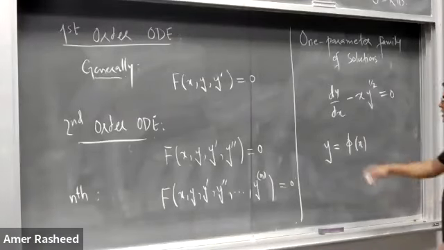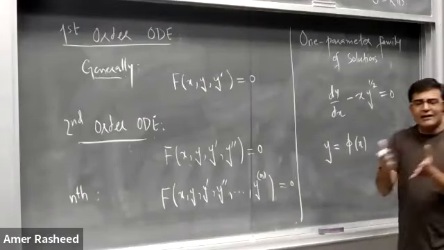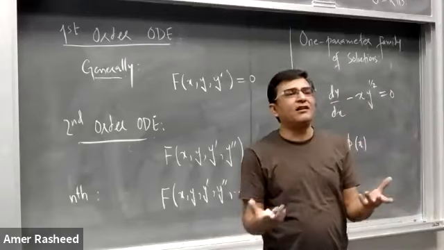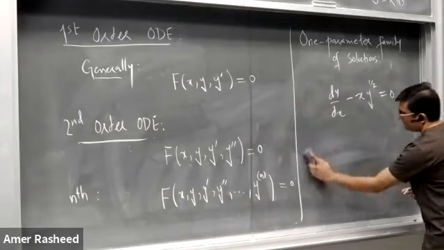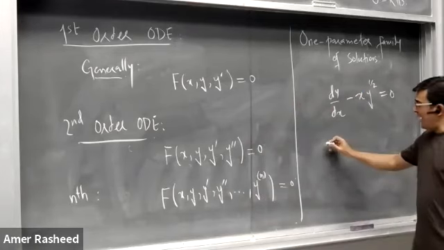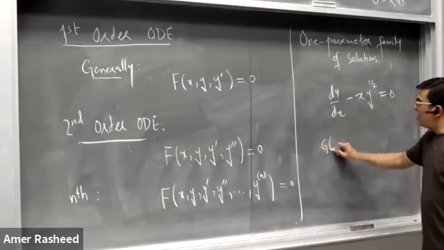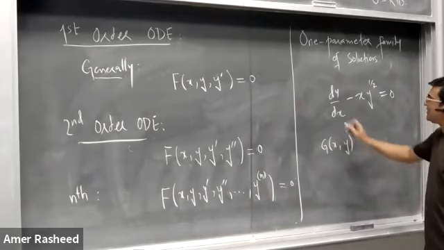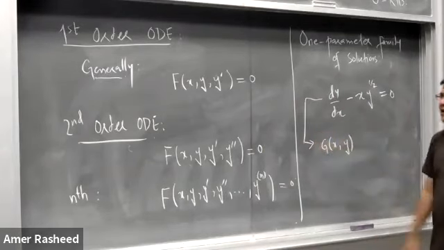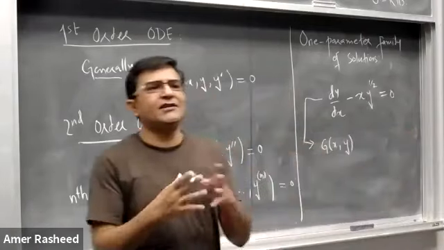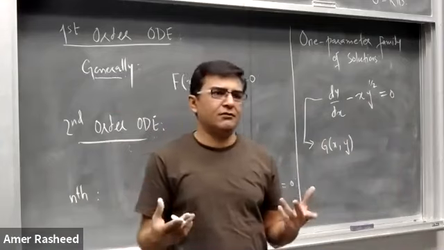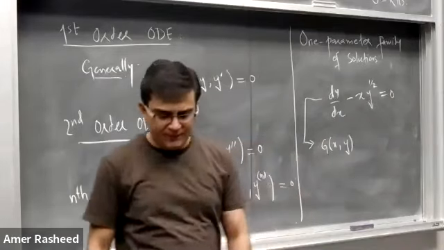Either this one, if you are lucky enough to get an explicit function as a solution, but we are taking the more general implicit solution. I call it g of x, y. After integrating this differential equation, I get some function g of x, y, which is an implicit solution of that differential equation, which involves x and y.